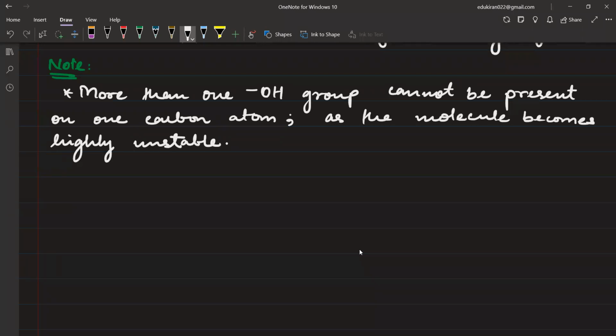For example, if I have a carbon atom with two OH groups, one CH3 and one hydrogen, let us suppose that we come across this situation somewhere in our reactions. What is going to happen from here?